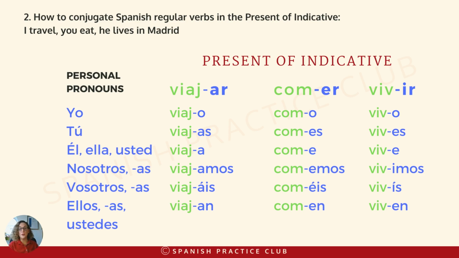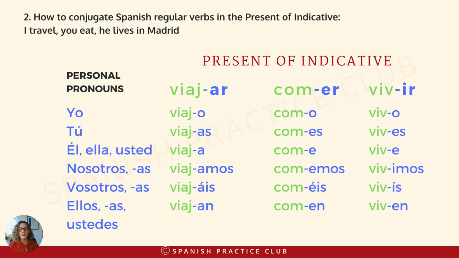And then we move on to the third conjugation. So verbs ending in IR, like for example, vivir. To say I live, yo vivo, tú vives, él vive, nosotros vivimos, vosotros vivís, ellos viven.